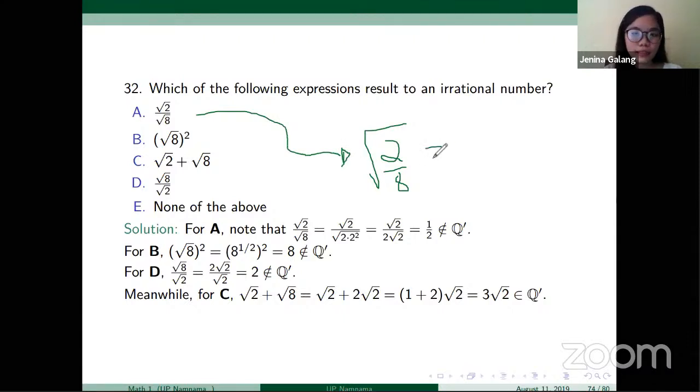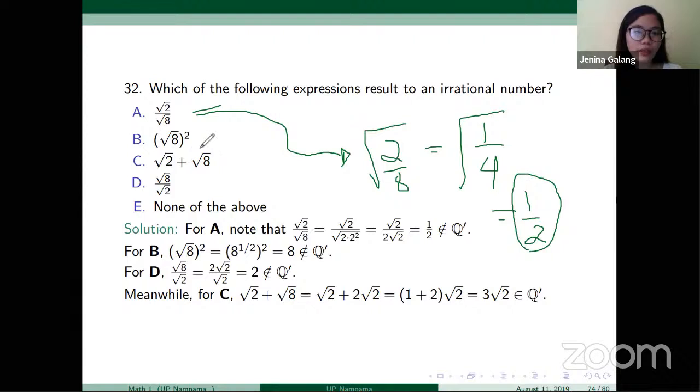And then, reduce natin. We have the square root of 1/4, which is 1/2. So this is a rational number. So rational number to. Ito, we will have just 8.